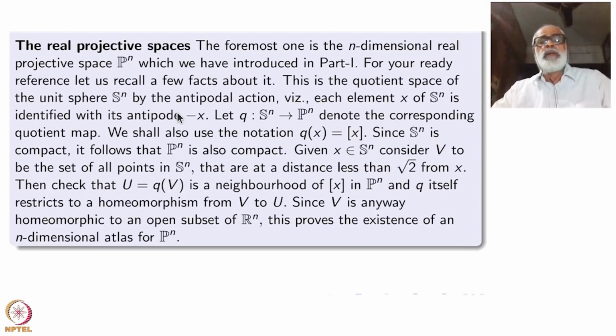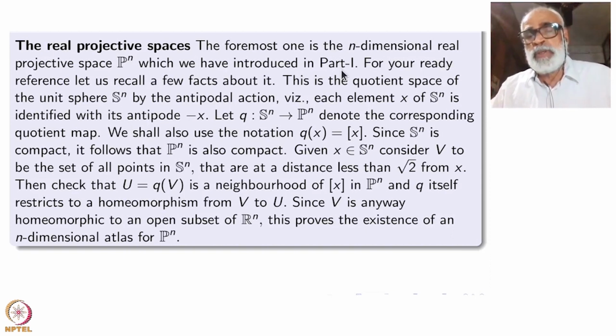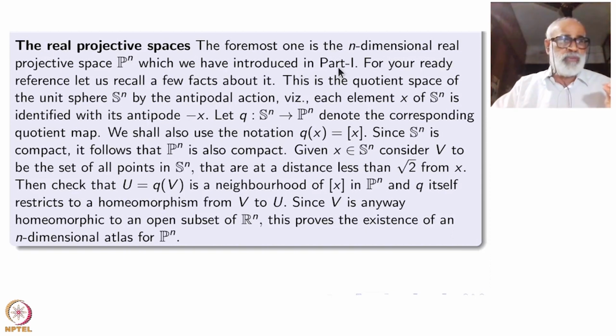This is one very important example, projective space. The foremost one is the n-dimensional real projective space, which we introduced in part 1. Let me recall only a few aspects of this. I hope you know it. If you don't know, you can read it from there.